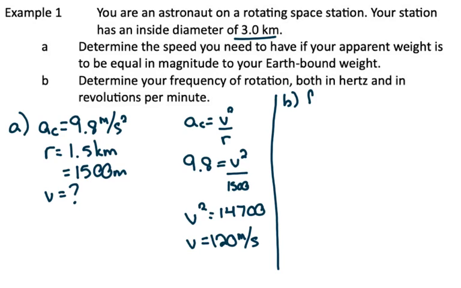So in question B, we need the frequency. Looking back to that same set of equations, we do have an equation with frequency. a_c equals 4 pi squared r f squared.